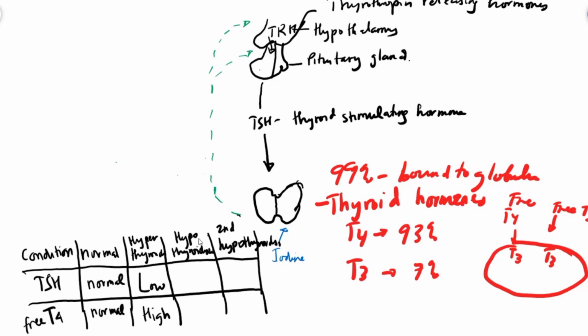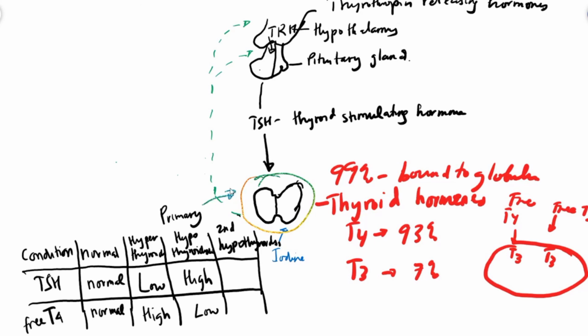In hypothyroidism, the body will have low T4 but high TSH. It's the opposite. This is primary hypothyroidism. Primary hypothyroidism is when the problem is at the thyroid gland itself.